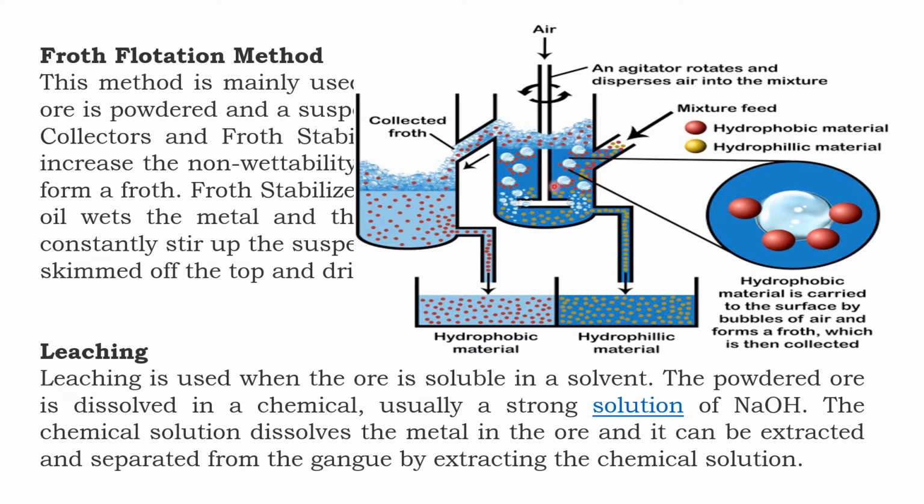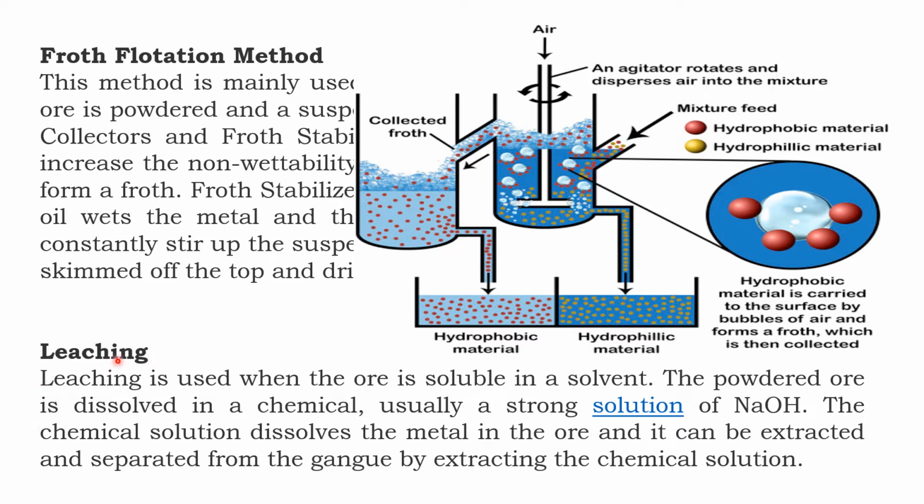It will be agitated here, shaken heavily so that the ore particles get into the froth or foam, and these froth are collected here, while the impurities which have high wettability get introduced into water and they will be collected here. This process is called the froth flotation process.